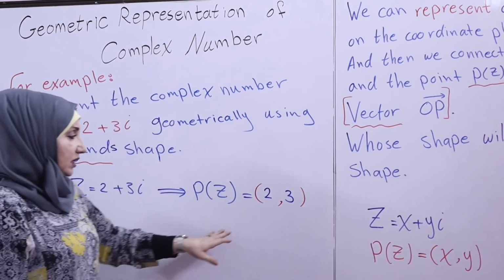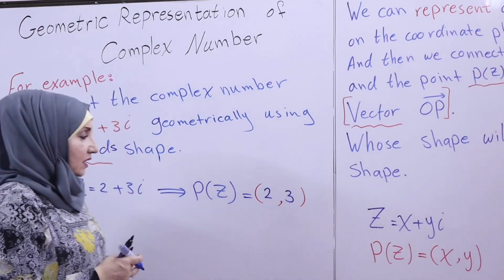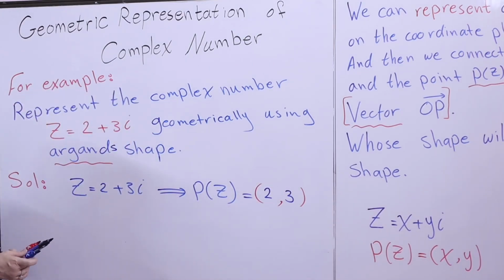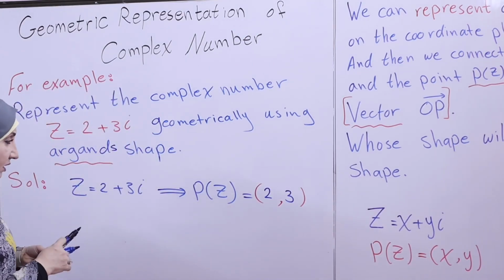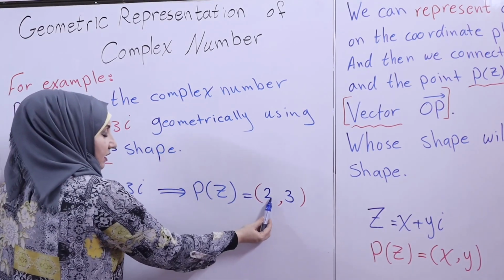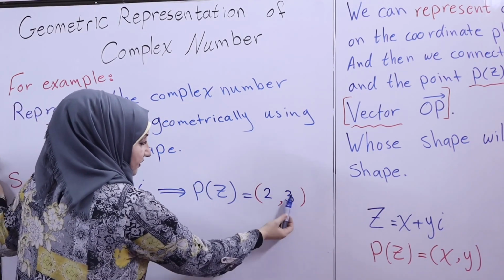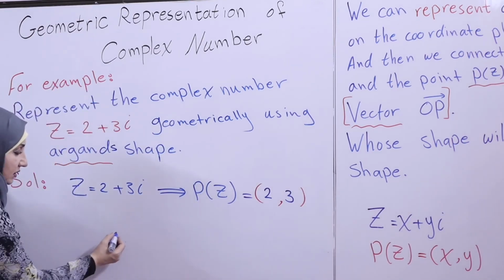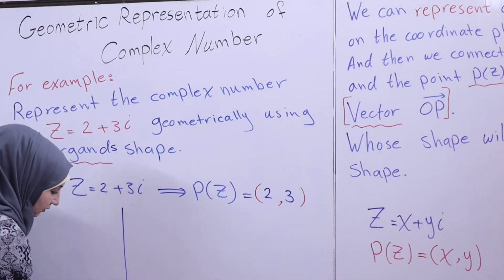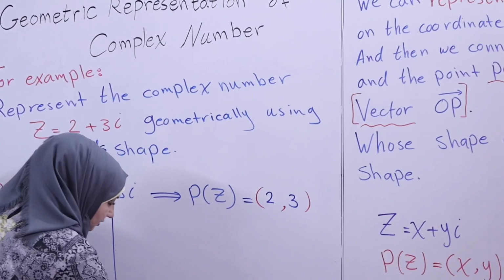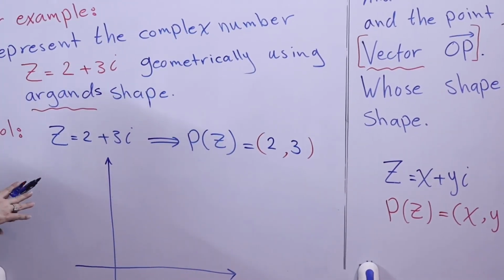So here we get an order pair, so we can represent it in the coordinate plane. The x coordinate is positive and the y coordinate also is positive, so that means we can represent it by this shape.